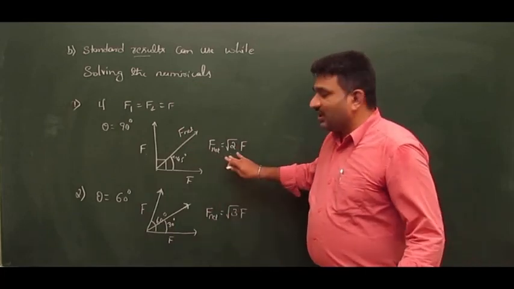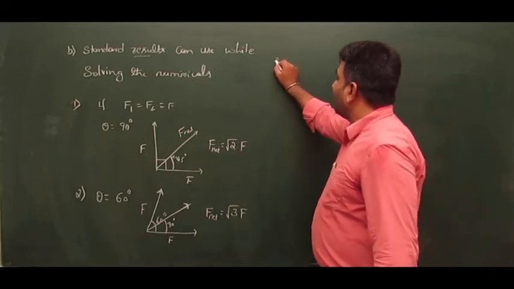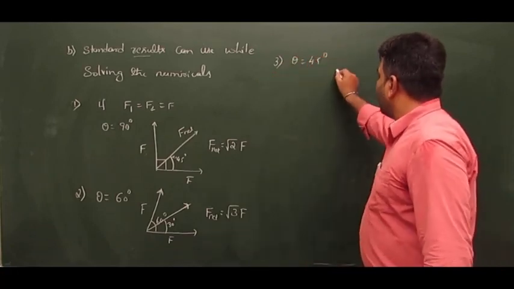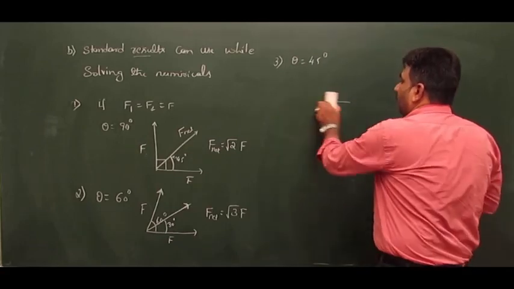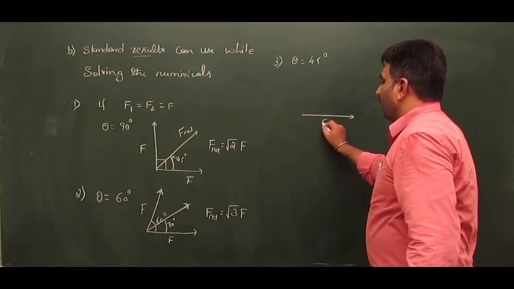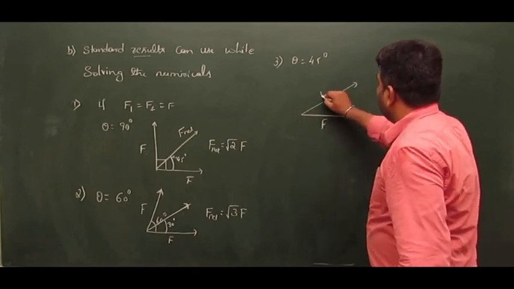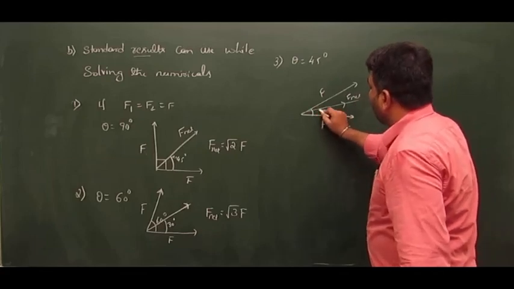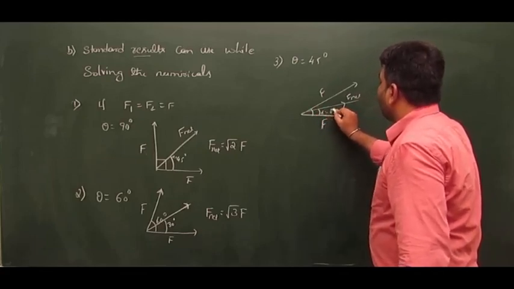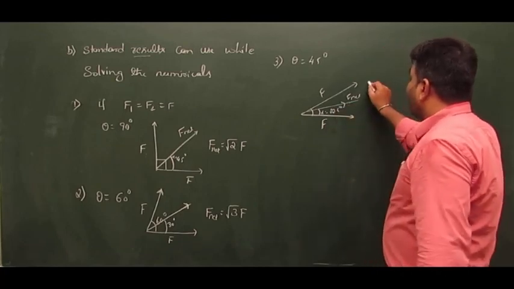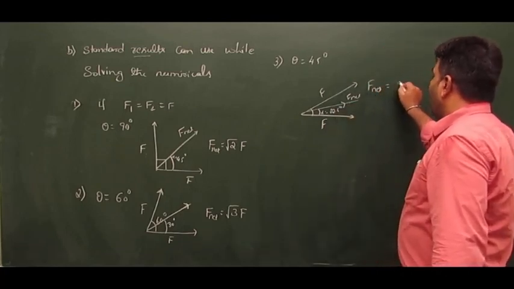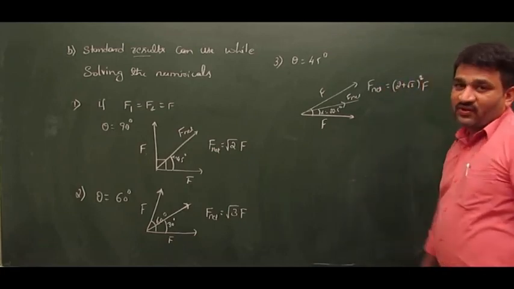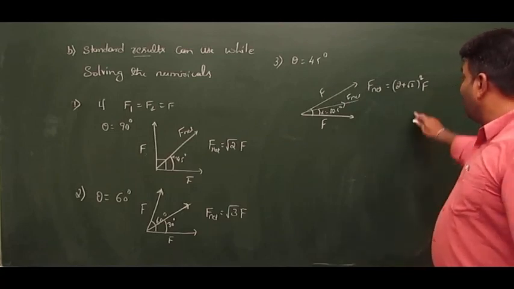That's why F net is equal to root 2 F. And the third condition, that is if theta is 45 degrees, F net, theta is 45 degrees and alpha is equal to 22.5 degrees. Then the net force is equal to square root of 2 plus square root of 2 into F.